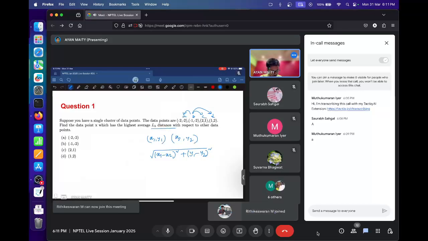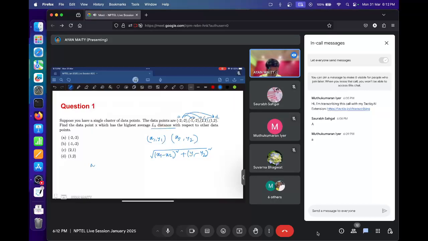So for the first point, you will compute these three distances. If this is A, this is B, this is C, this is D, then from point A you will find the distance to B, C, D. For the first point A, the distance between point A and point B is 1.